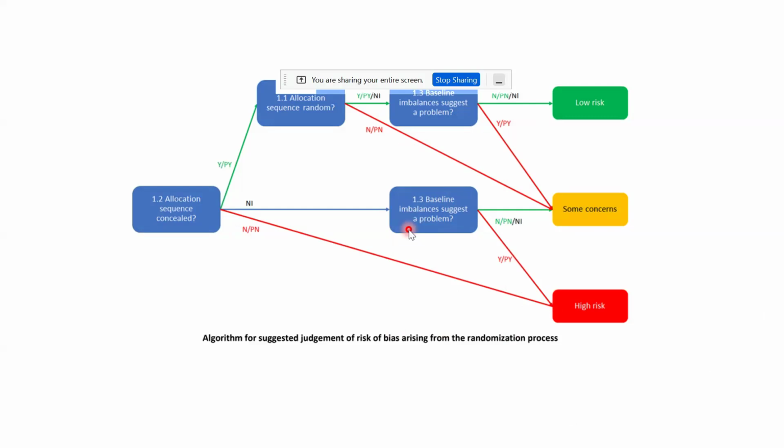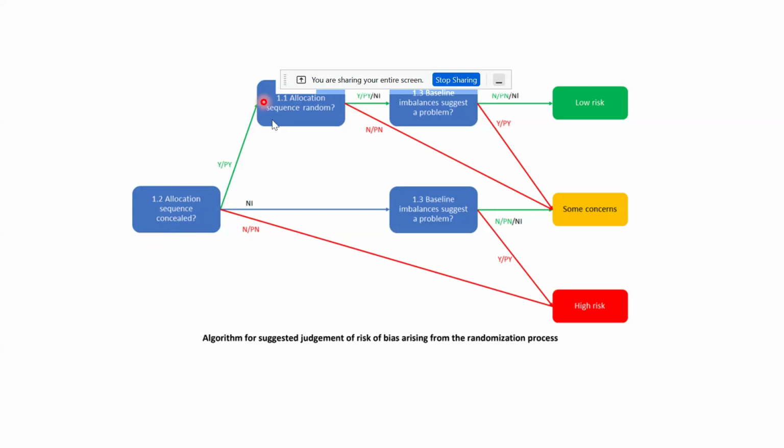Now if we go through the entire algorithm, the first question is, is allocation sequence concealed? If the answer is yes, we go on to the next question, is allocation sequence random?